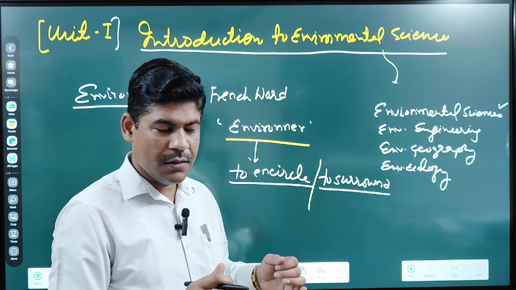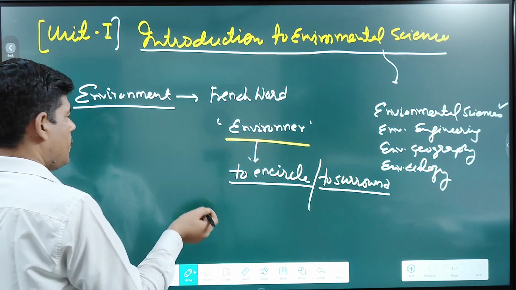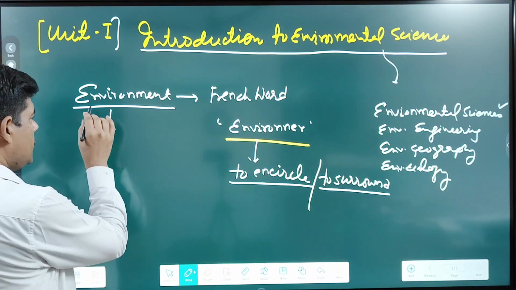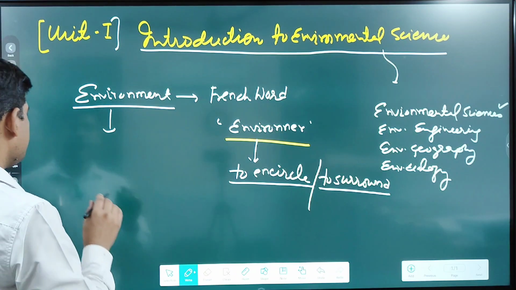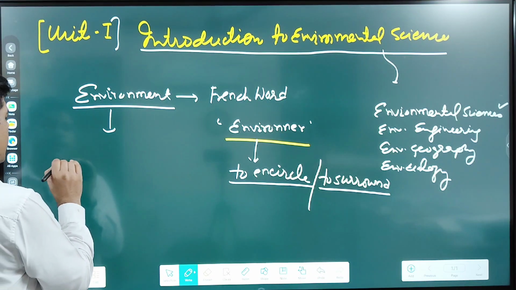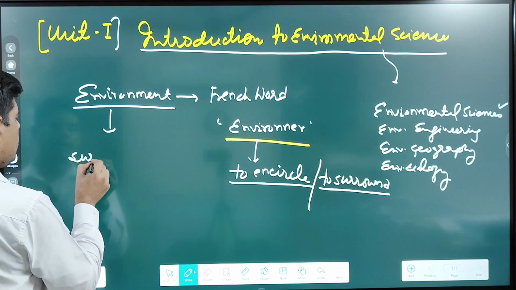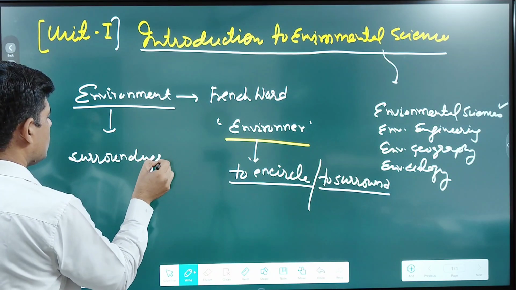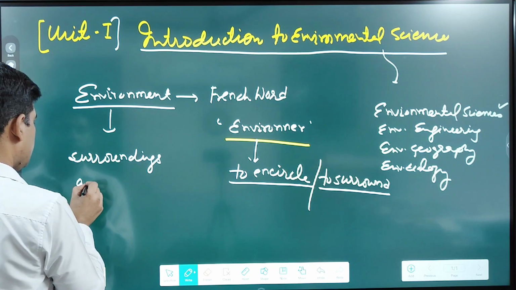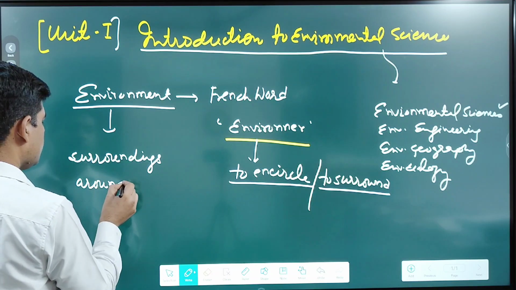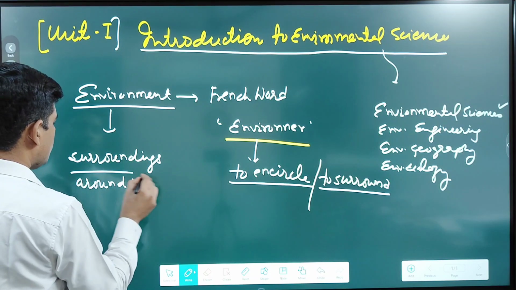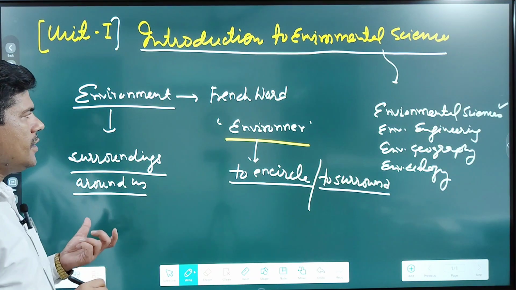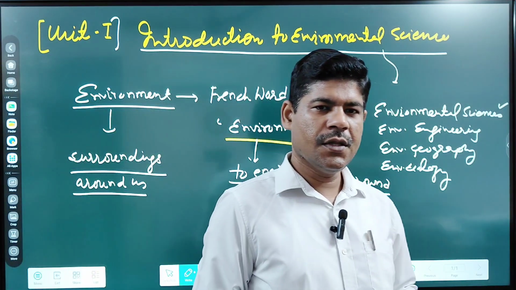घेरना. ठीक. So this word meant surroundings around us. Surroundings around us may be called as environment.